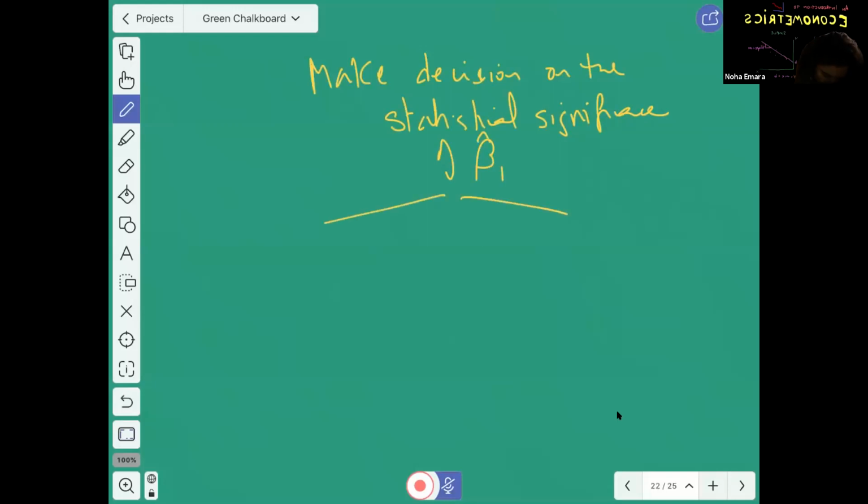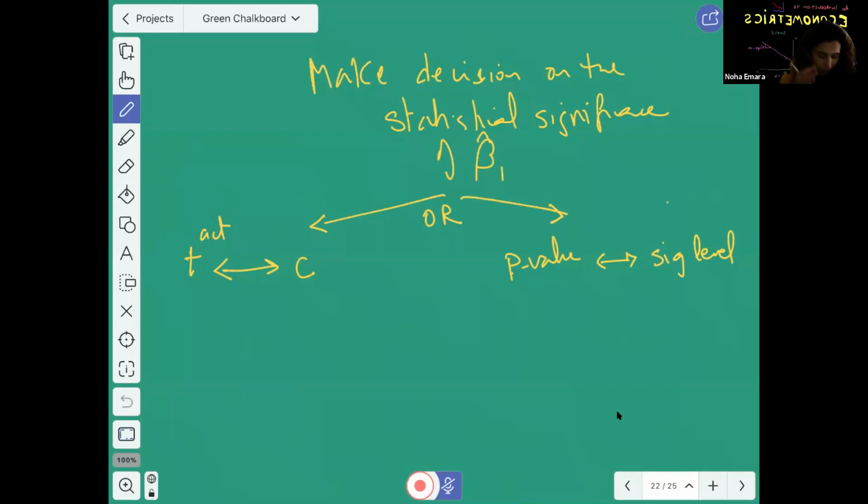My first option is to compare the t actual versus the critical value. The other option is to compare the p-value with the significance level. The p-value and significance level are both percentages, and the t-statistic and critical value are both just numbers.